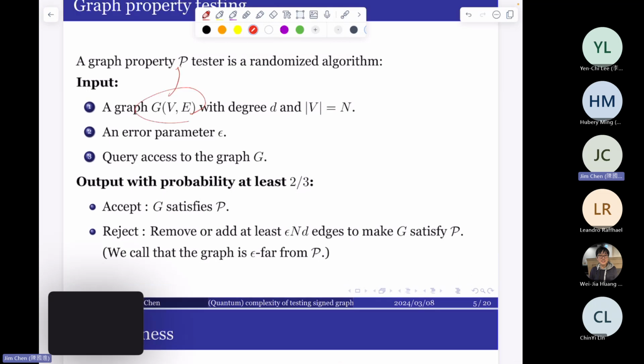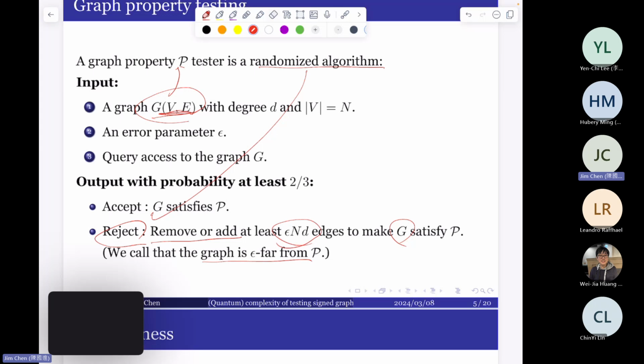If the graph satisfies this property, the algorithm will always return accept. On the other hand, if we have to remove or add at least that many edges to make the graph satisfy this property, then we call the graph epsilon far from this property, and the algorithm has to return reject.